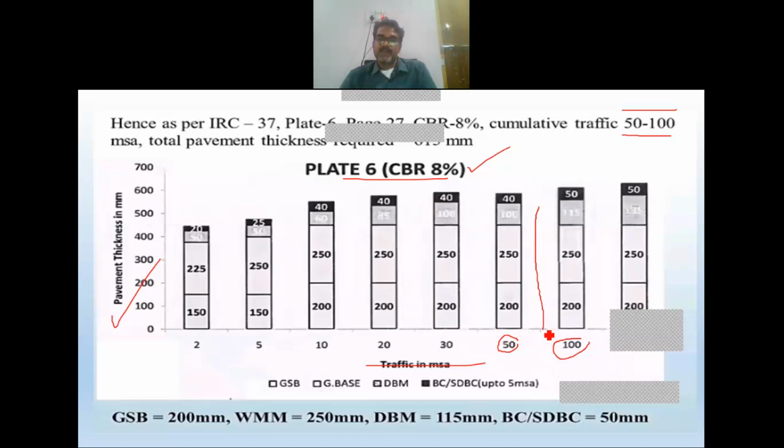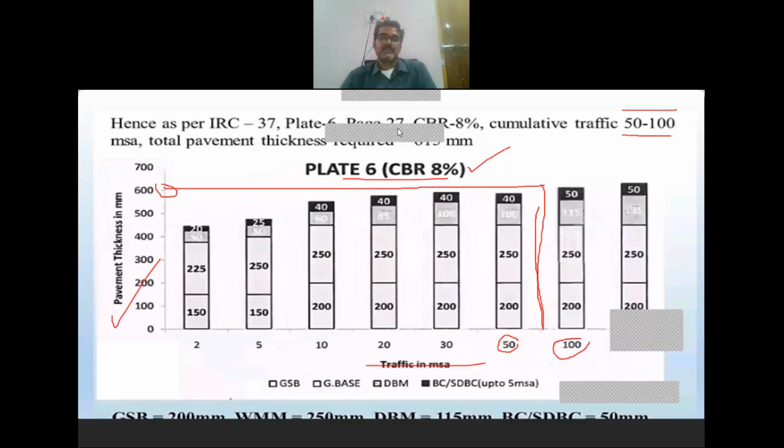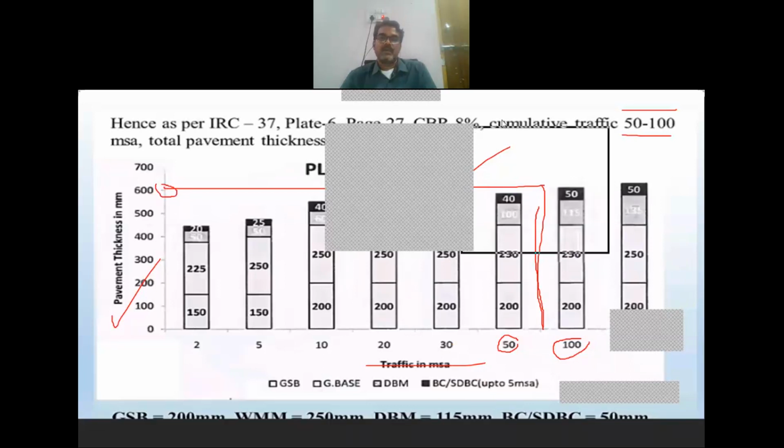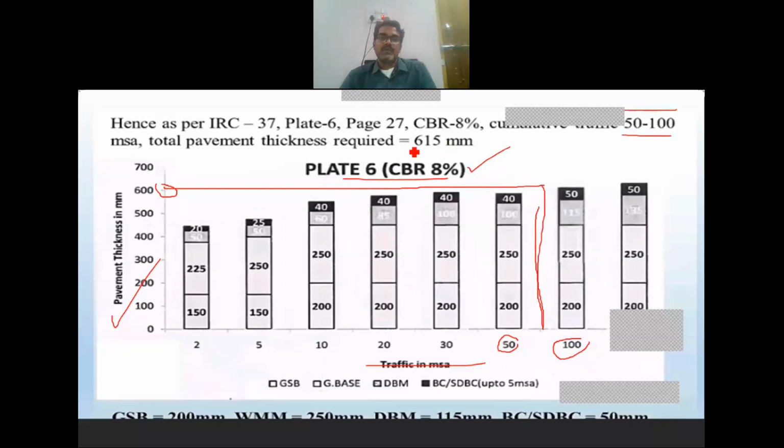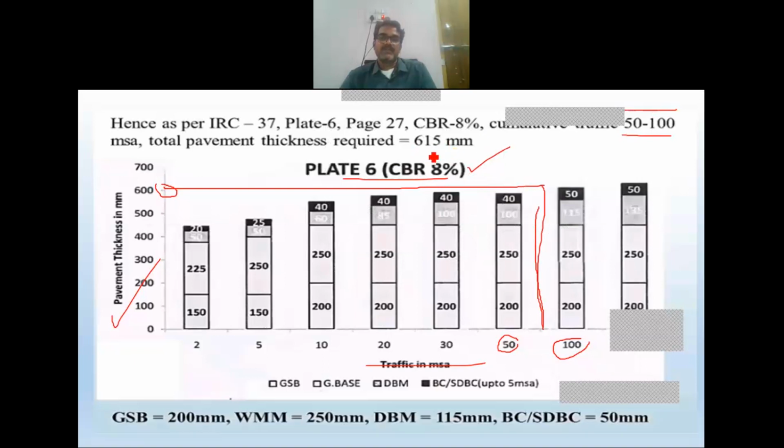I can draw a horizontal line from here in order to get the total pavement thickness. Now the total pavement thickness is 650 mm.